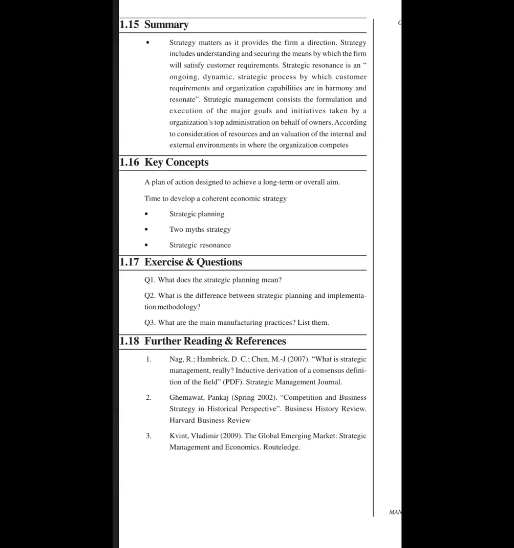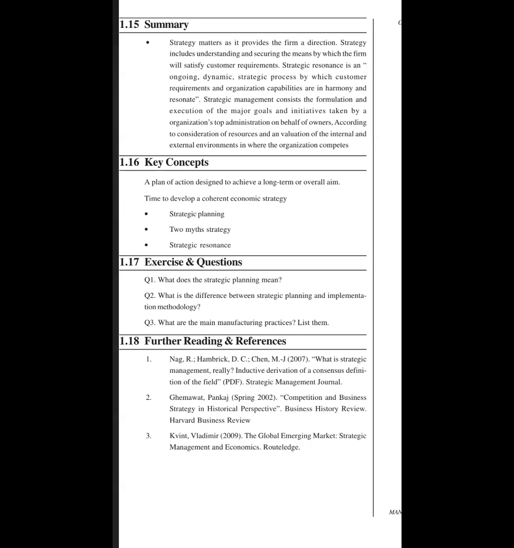Suppose the government changes the taxation policy. With the change in the taxation policy, definitely there will be a change in the organization's business strategy. Because if there is a huge amount of taxation the government is going to take, definitely the businessmen have to increase their prices, right? So this is also an important factor.